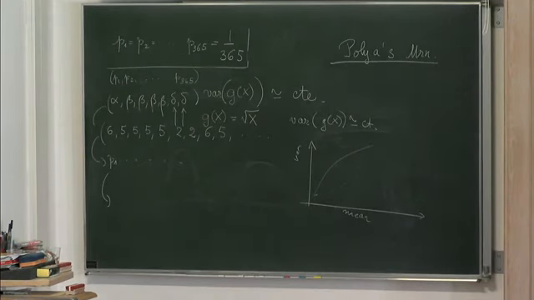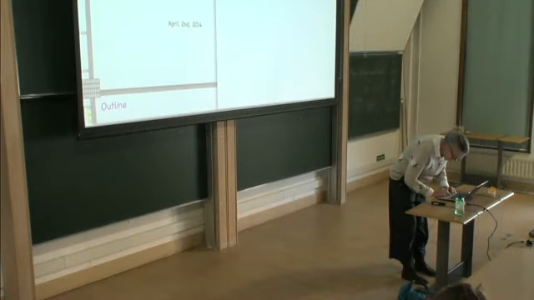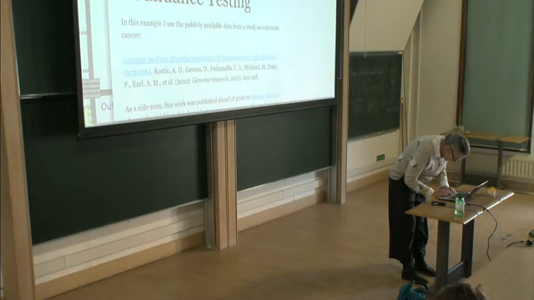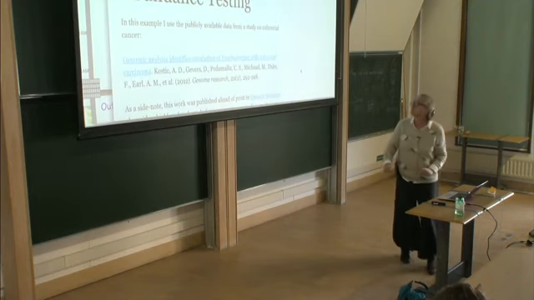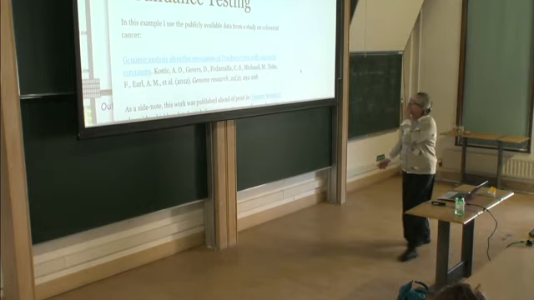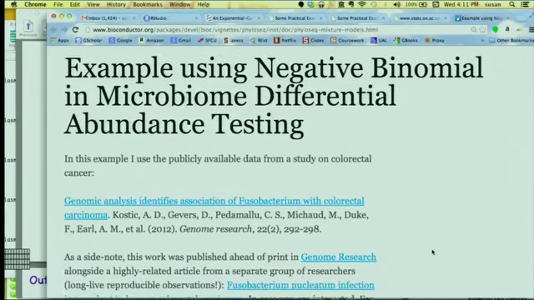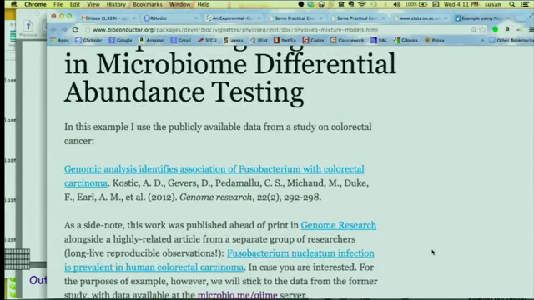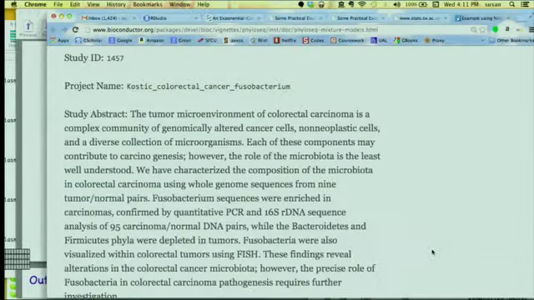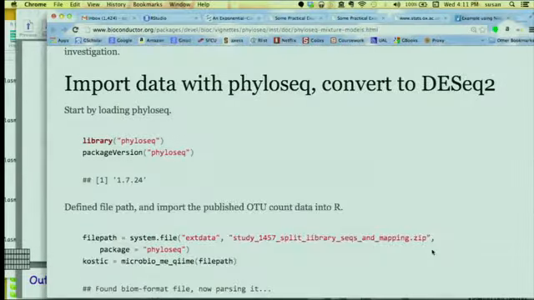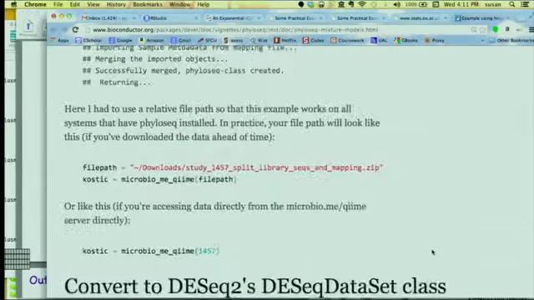Okay, I wanted to show you some applications. The negative binomial is one of Joey's examples in the vignette of the phyloseq package, implementing the negative binomial, and it gives you some of the code to actually do it.